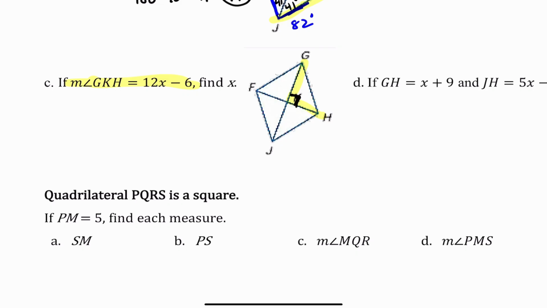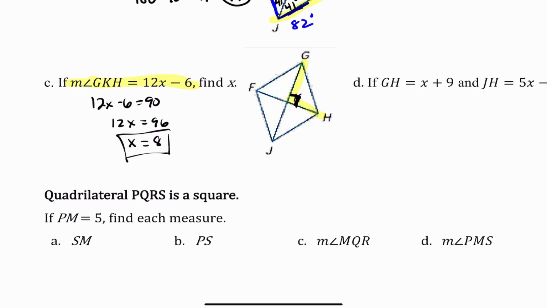And since the measure of angle GKH is 12x minus 6, and at the same time it's a right angle, I can do 12x minus 6 equals 90. So I should get 12x equals 96, so x is equal to 8.